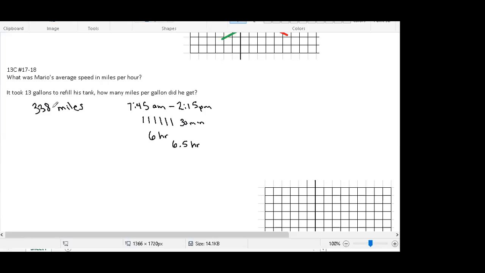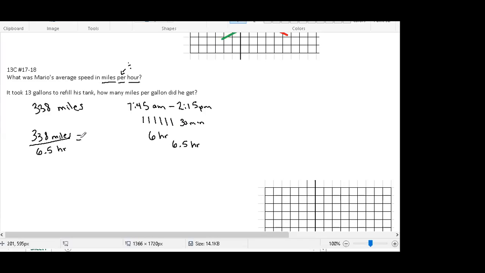If he drove 338 miles in 6.5 hours, what was his average speed in miles per hour? Per means division. So 338 miles per, or divided by, the 6.5 hours.